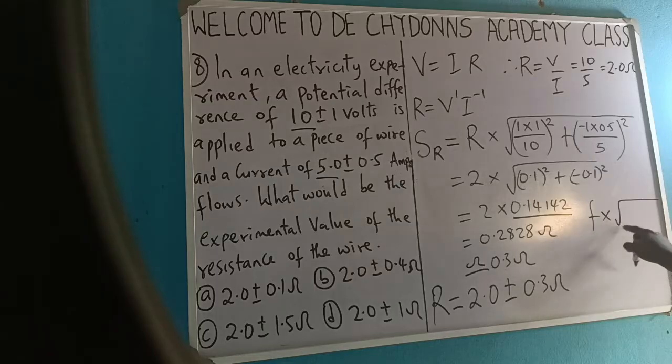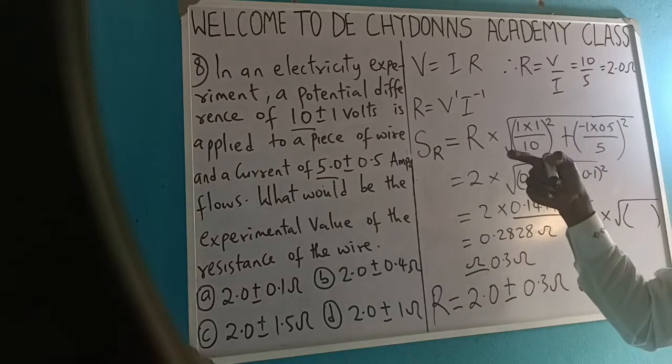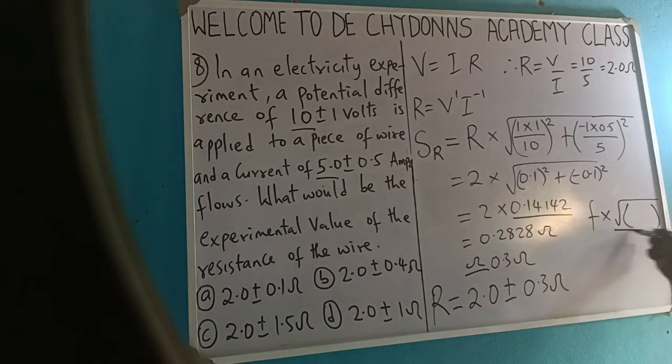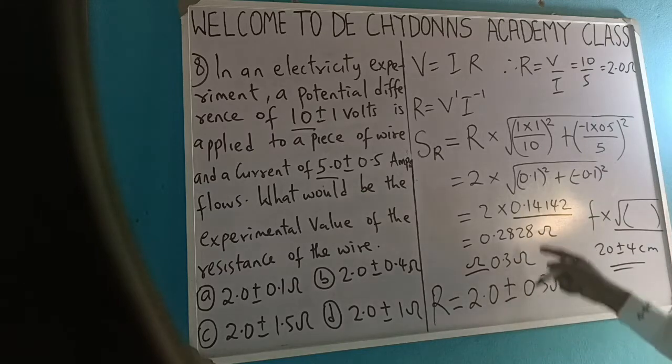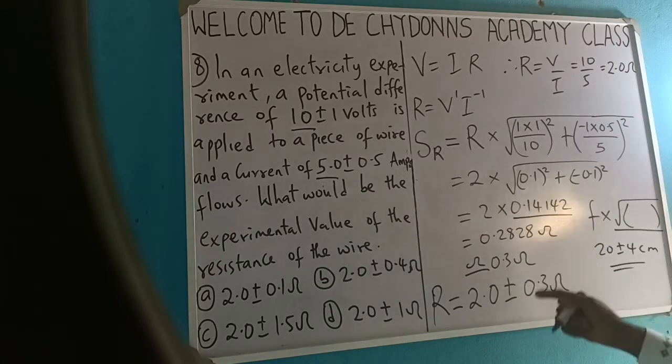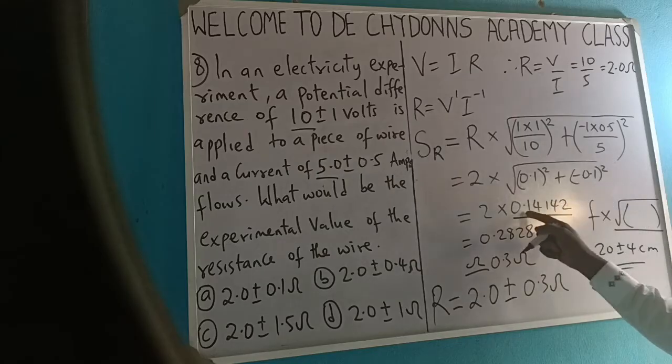We don't just compute this and say that is the error. No, you multiply with F to get the exact. That one we got 20 plus or minus 4 cm. That is what I mean. But here, you have to also do it that same way. You don't just do this and say the answer is 0.1.